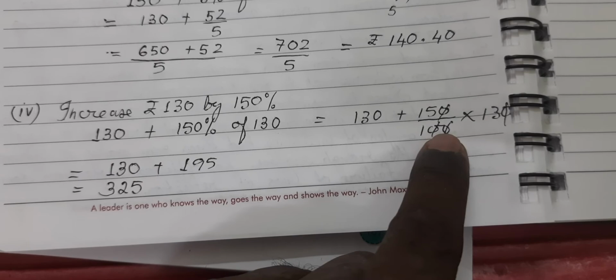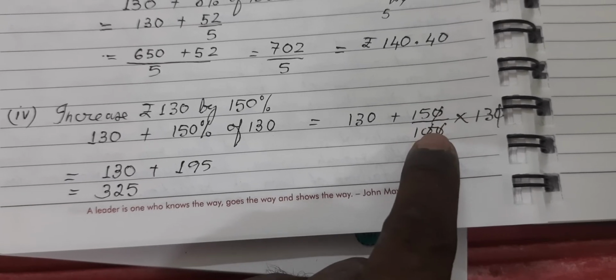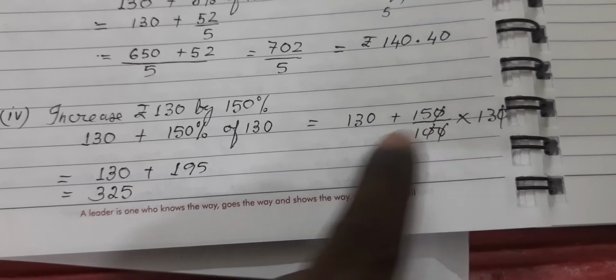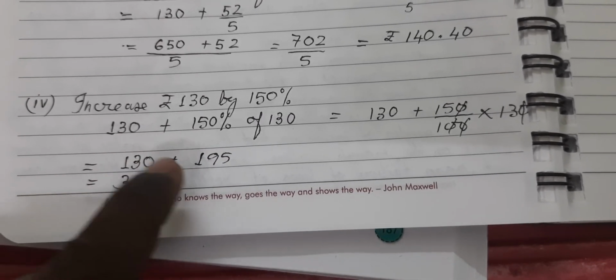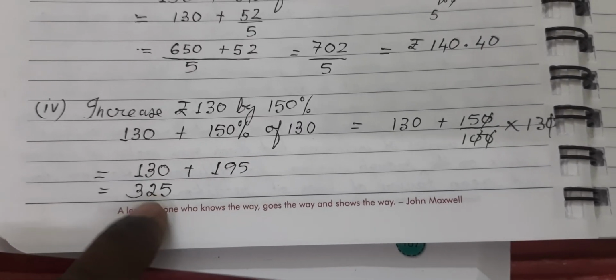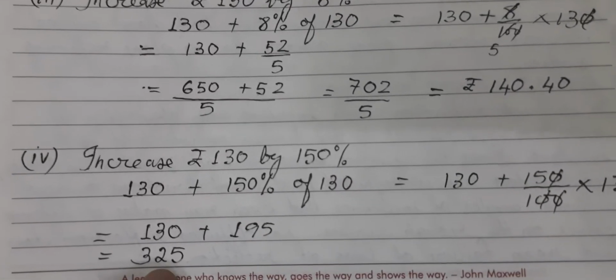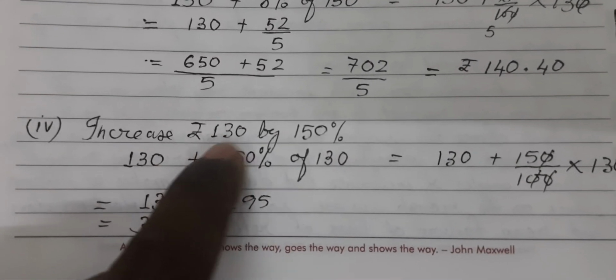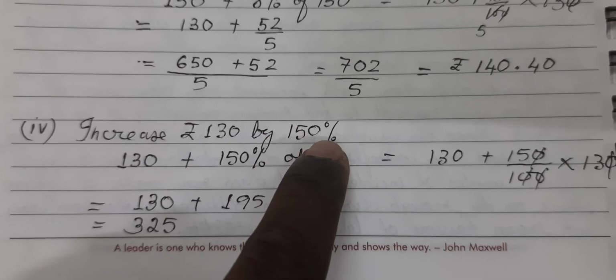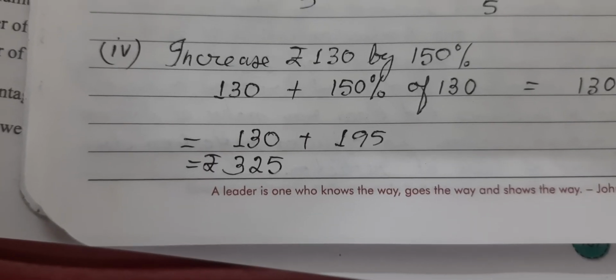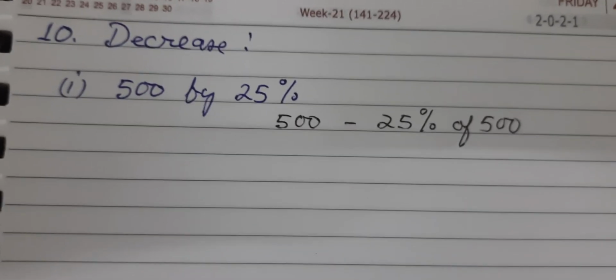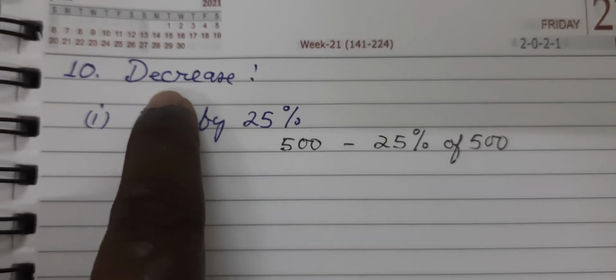So the zeros over here cancelling. So 15 into 13 is 195. So 130 is going to be added to 195, which is 325. So when you increase 130 by 150% of itself, it becomes 325 rupees.